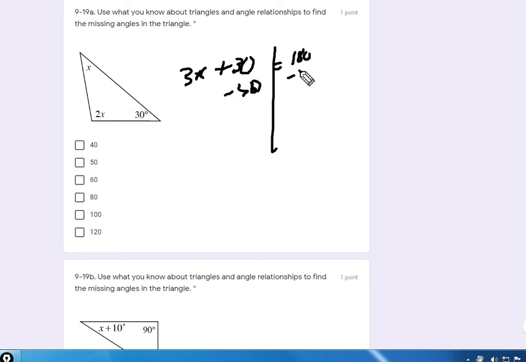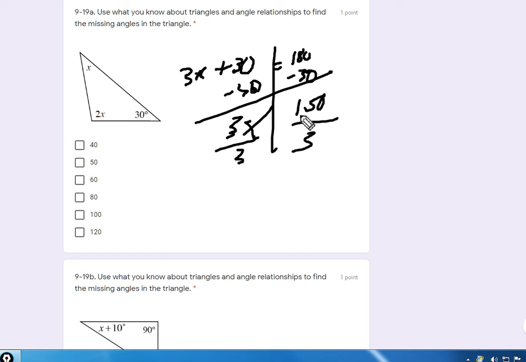Now we're going to have 150 over here and 3x over here. Divide by 3, divide by 3. So really I'm looking at 15 divided by 3, tack a 0 on. 15 divided by 3 is 5, but we eliminated the 0, so just tack it back on. So we know that x is going to be 50.